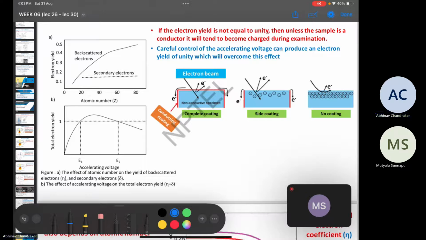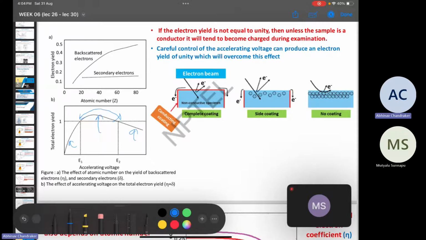We can see that for some regions in the accelerating voltage range, we have a yield which is greater than 1. So in the case of a non-conducting sample, there will be some charge accumulation. That is, there will be negative charge accumulated on the surface in this region, while in another region there will be positive charge accumulation.